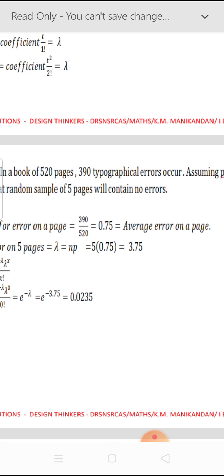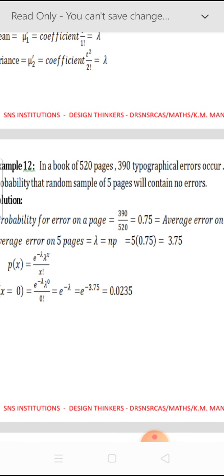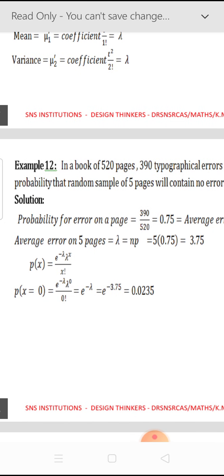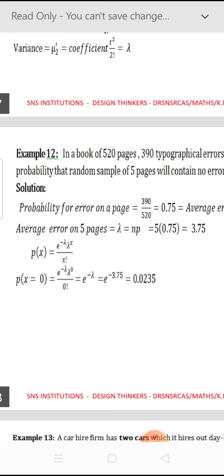And we have to find the average error on 5 pages. So for 5 pages it is 5 into 0.75, that is equal to 3.75. This is the value of lambda.